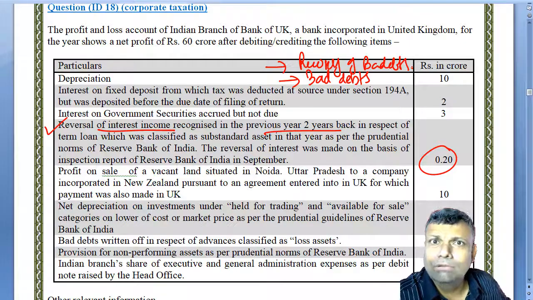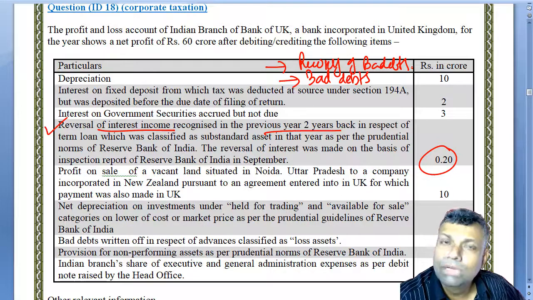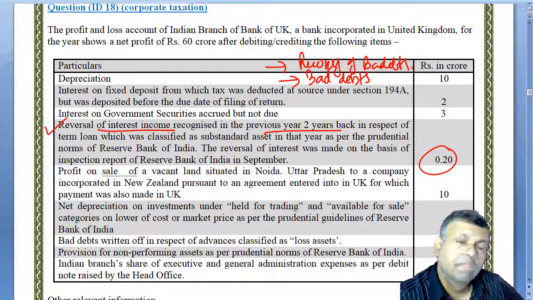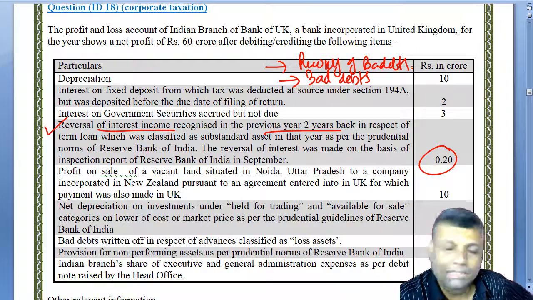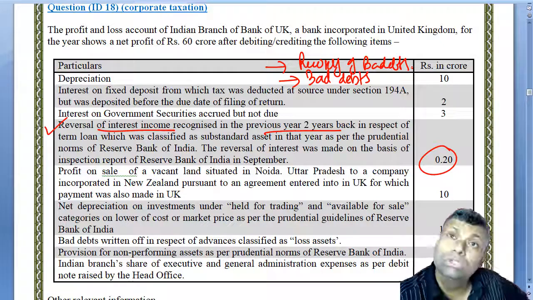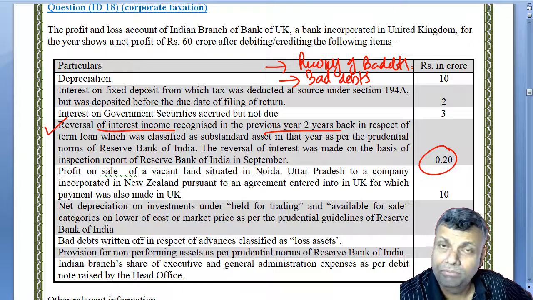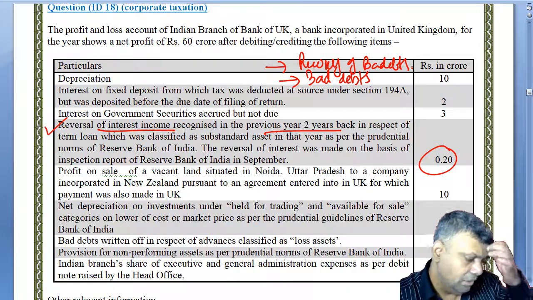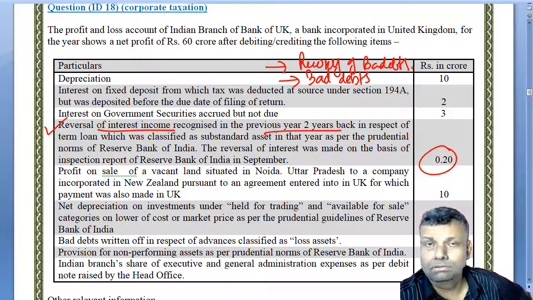Bad debts means you write off and you get a deduction. And whenever there is any recovery of the bad debts, it is a deemed income and it is always taxable. That is also covered by the concept of section 41 of the Income Tax Act. So if you got any deduction in the earlier years, and in the current year there is a recovery. But here the term which is used is something called a reversal.